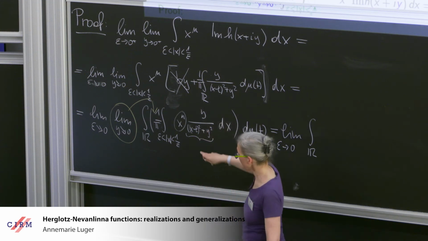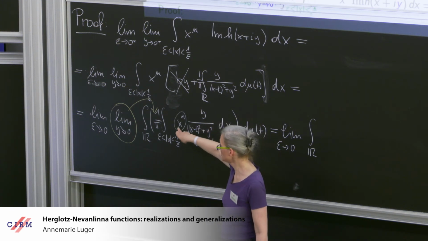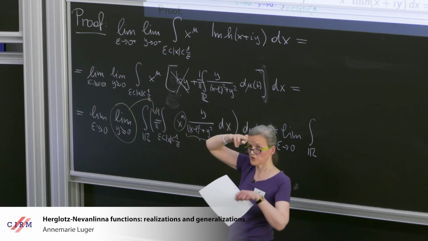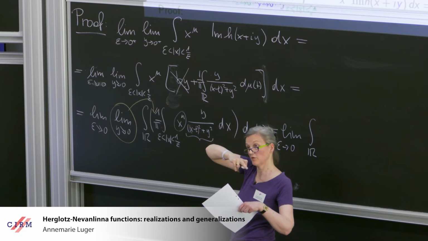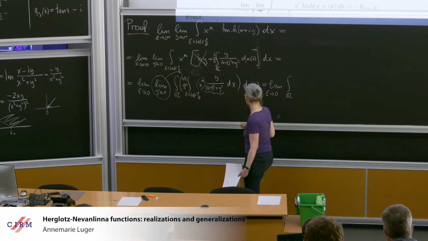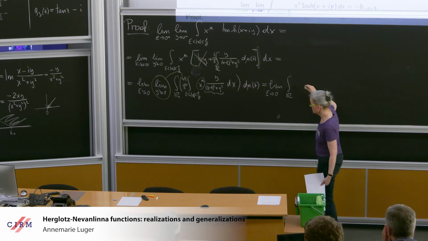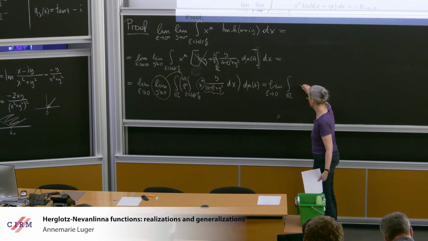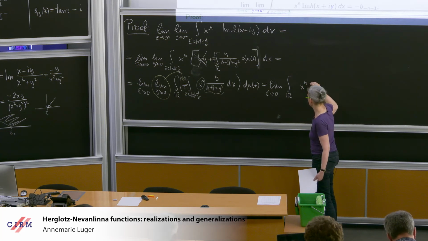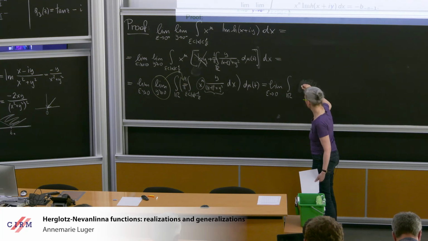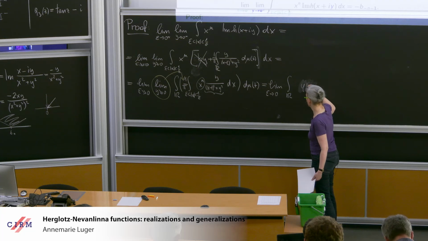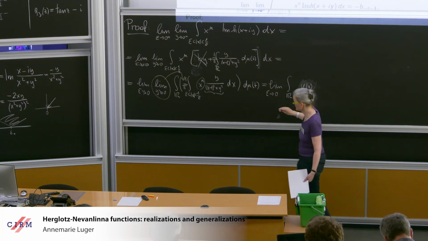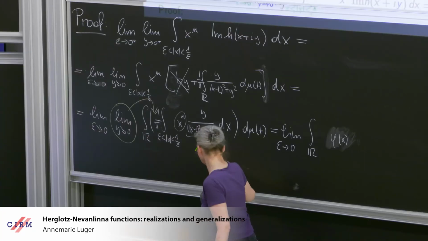So what you get is, you get back your function, but on the jumping points you get the mean value of the function. So what you get here is that this is then x to the n times phi of x, where phi of x is this function.